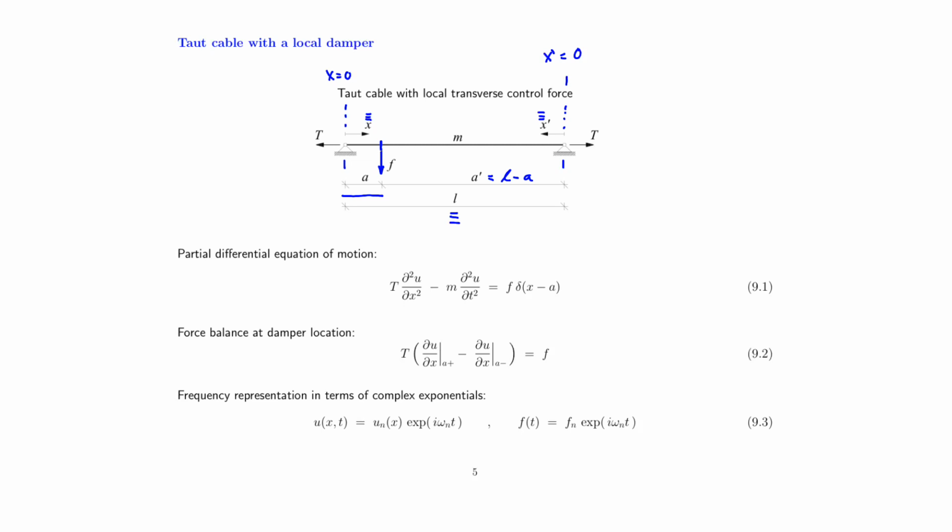We know that the partial differential equation for a cable is given here as in equation 9.1, introducing the tension force T and the mass per unit length m. u represents the vertical displacement, positive downwards, and we have only loading from the damper. That means no external loading.